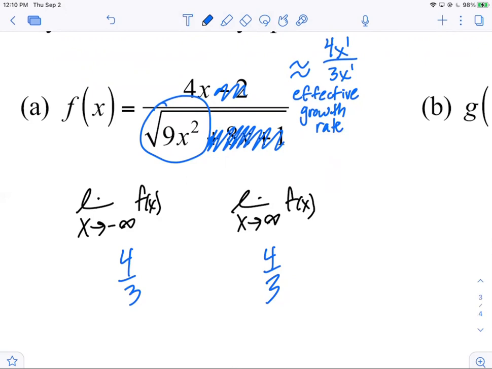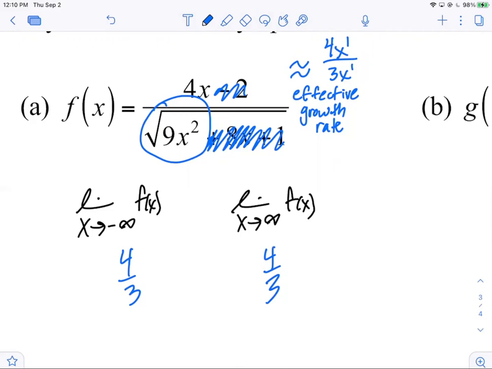No. The bottom is not actually a 3x to the first. So the signs are not going to divide out, giving you a positive. The top sign will continue to change depending on whether we're going to the left and right. But the bottom is eternally optimistic, right? He is always positive.